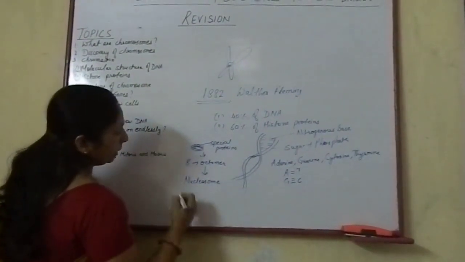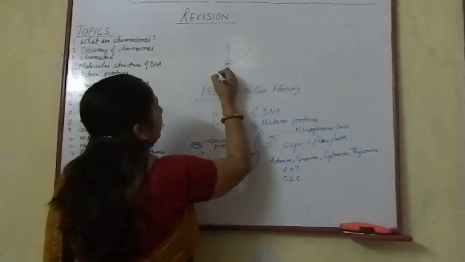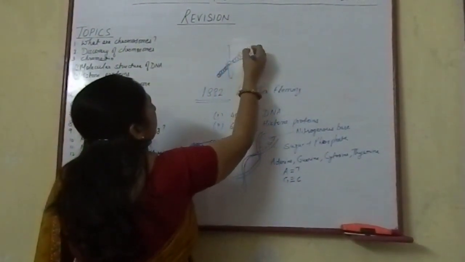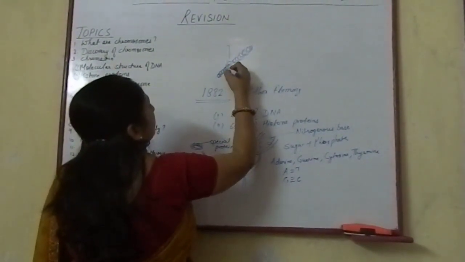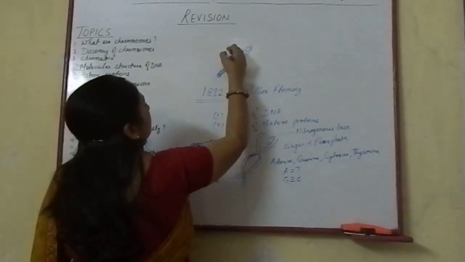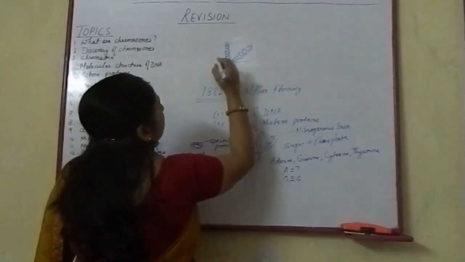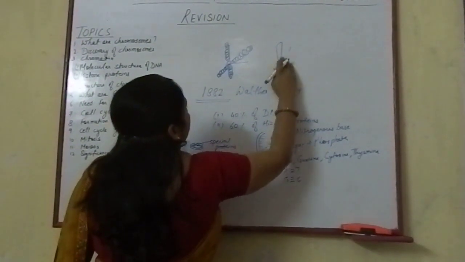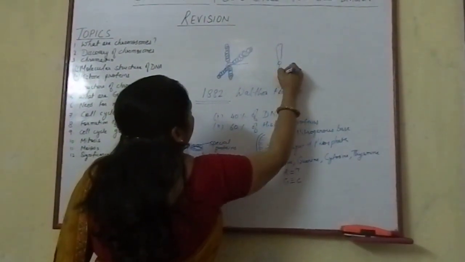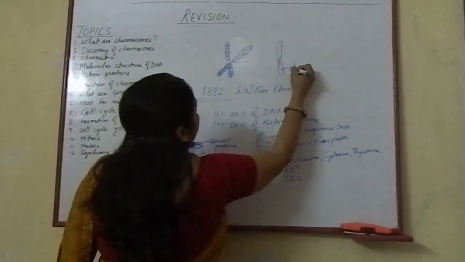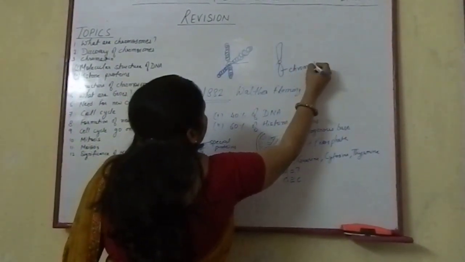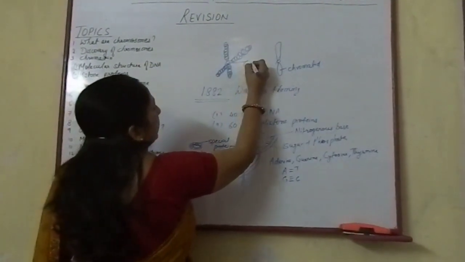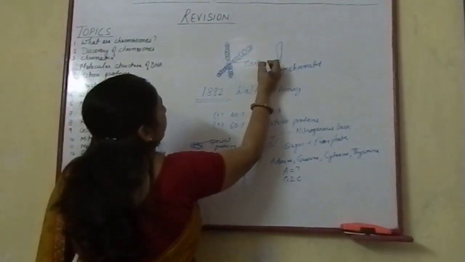After that, they make a coiled structure like this. First they form a single unit, which is known as a chromatid. If two chromatids join together, the point of contact is known as the centromere.